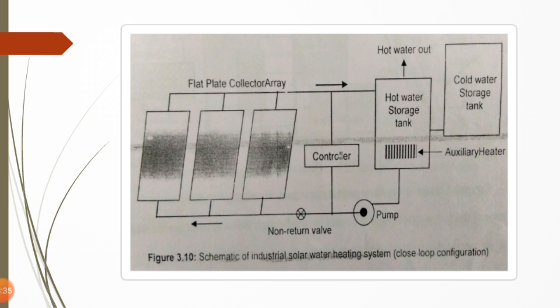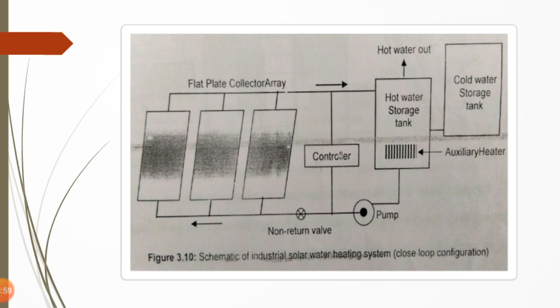With the help of solar radiation the flat plate collector array heats the water, and again this water is provided to the tank, so that the cold water is replaced by the hot water, and this process takes place in loop form.